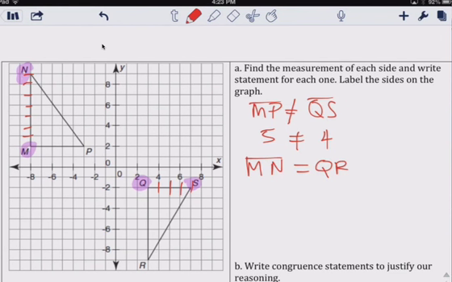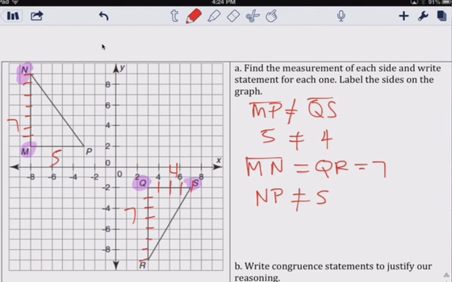This one, 1, 2, 3, 4, 5, 6, 7, they both equal 7. Now, because these two aren't equal, when you do 4 and 7 and then 5 and 7, the Pythagorean theorem, N and P will not equal to S and R.